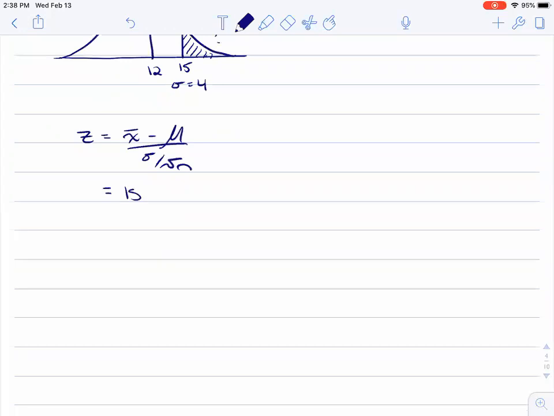So 15 minus 12 over 4 divided by the square root of n, which is 10, 10 boxes per pallet. 15 minus 12 is 3, divided by the square root of 10, 1 over that times 4.